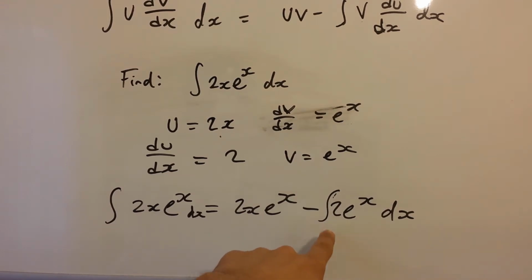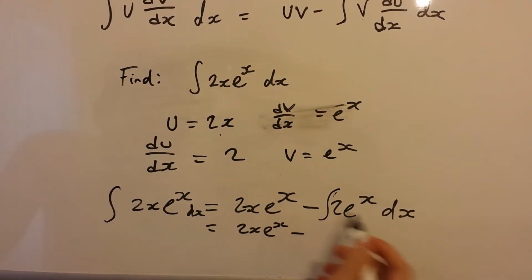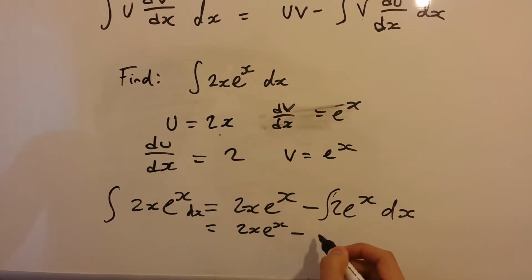So if you see, we don't have to do integration by parts. We can just do normal integration now, which is a lot easier. So let's just integrate it now, so we can get the result.